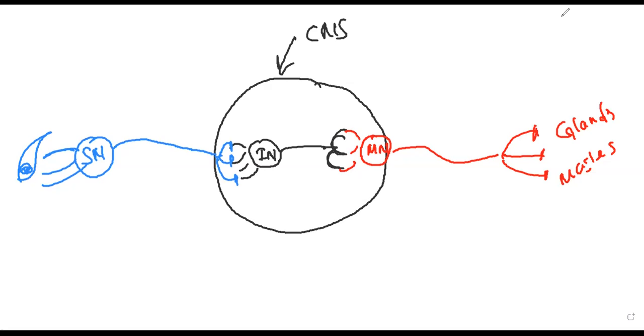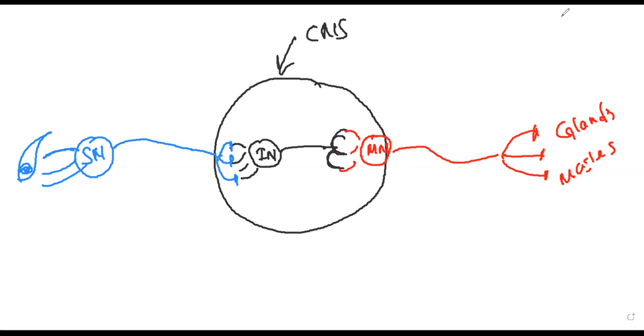And just as we discussed, the motor neuron cell body and the dendrites are found inside the central nervous system. And the axon of the motor neuron is too long, as we discussed, and it runs out of the central nervous system to reach effectors, glands or muscles. So axon terminals of the motor neuron are definitely connected to either muscles or glands.